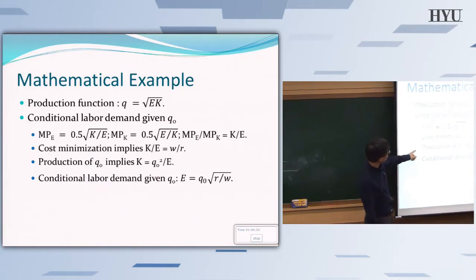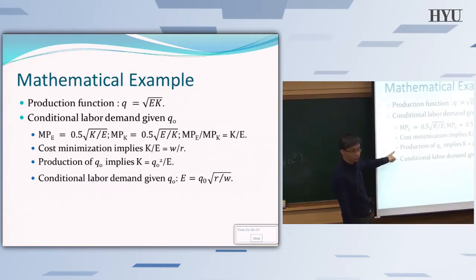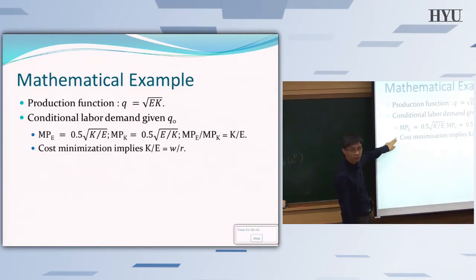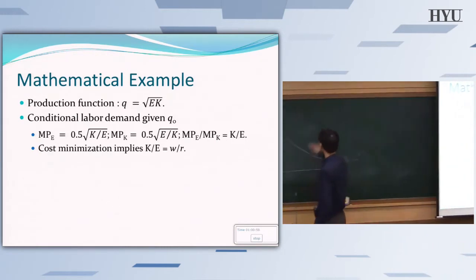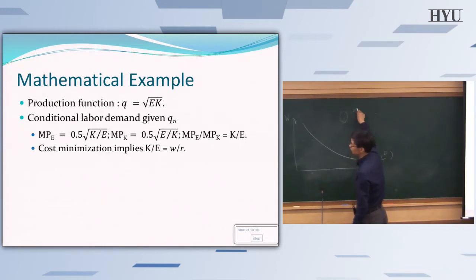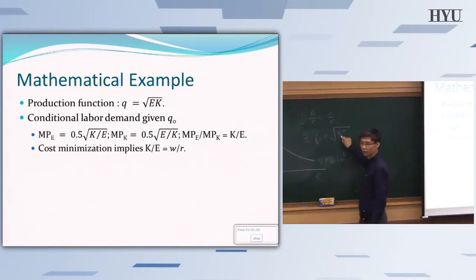But the thing is that this is conditional labor demand given Q0. That means that not only this condition is satisfied, but also the output should be equal to Q0. So there is an additional condition that Q0 should be equal to the square root of LK. So the first condition is that K over L equals W over R. The second condition is that Q0 equals the square root of KL.